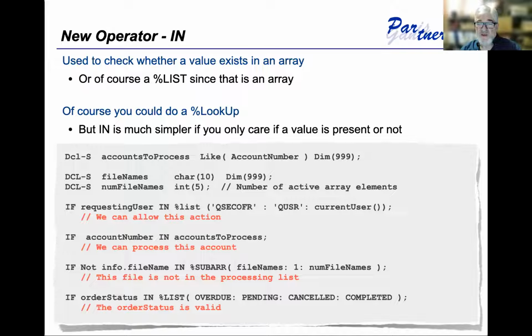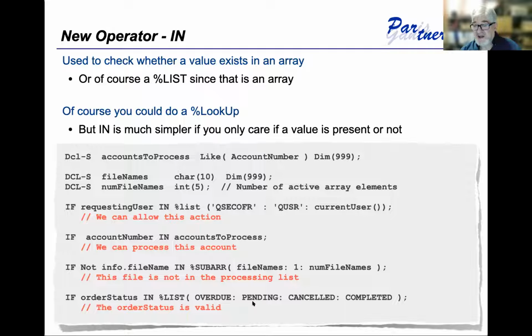Very often you want to do things like, for example, if order status is in the list of overdue, pending, cancelled, completed, right? Is it a valid order status? If I want to know something like that, I really don't care at this point in time what that is. I'm not necessarily going to do anything differently because of it, but I just want to know, is this a valid code? And so I can do that, and I can do it straight against a %list.